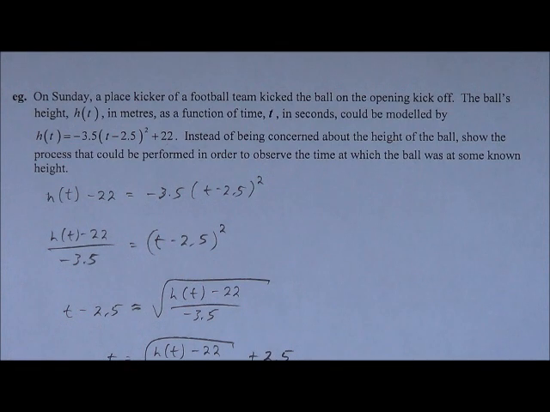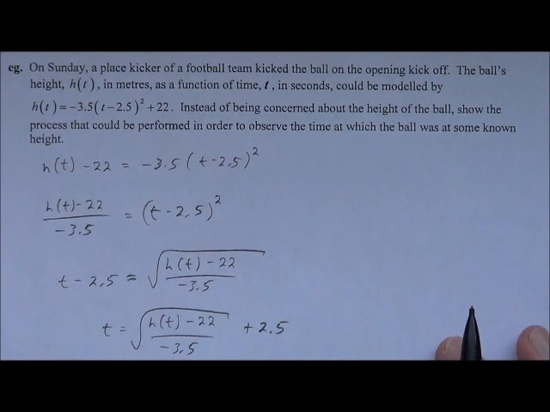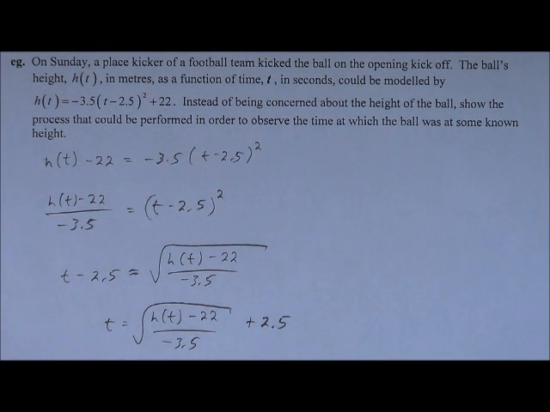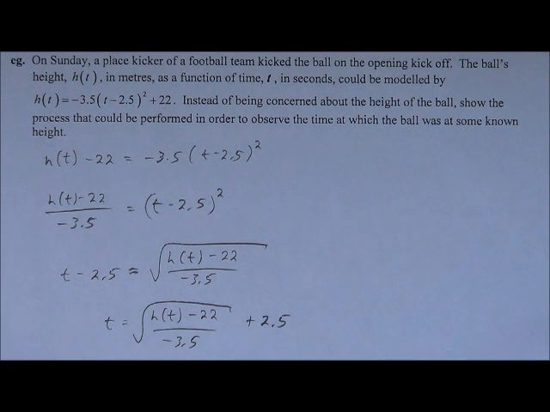Okay, so if you ever wanted to know the time that the ball is in the air, or at a certain height, how long after it was kicked it's at that height, you just have to substitute in the height and then you can find the time.